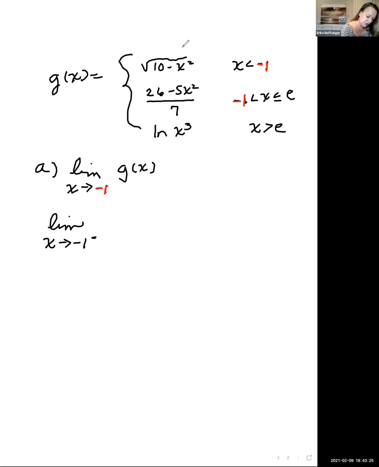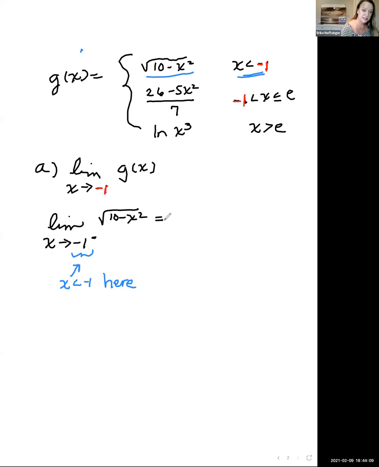So those are for values which are smaller than -1. And so if you look at your equation, we're going to plug in smaller numbers less than -1, and we're going to use this first equation, the square root of 10 minus x squared.